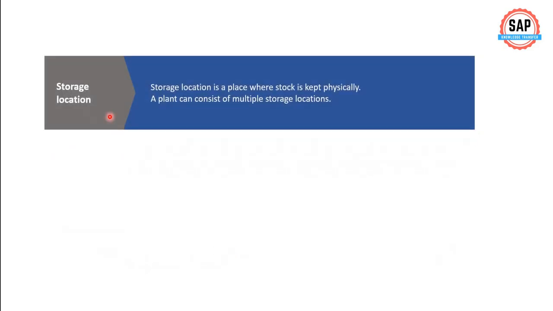Another one is the storage location. A storage location is a place where the stock is kept physically. Where we keep the purchased material, that area is called a storage location. A plant can consist of multiple storage locations.